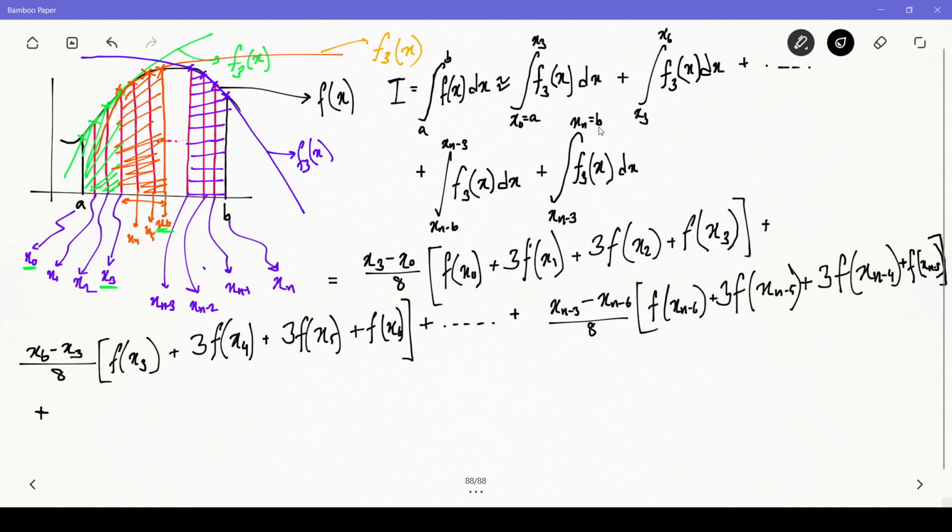So the final term is the application of the same non-composite version of the Simpson's 3 by 8 formula for this term over here. Okay, so let's do that. So what do we have? xn minus xn minus 3.